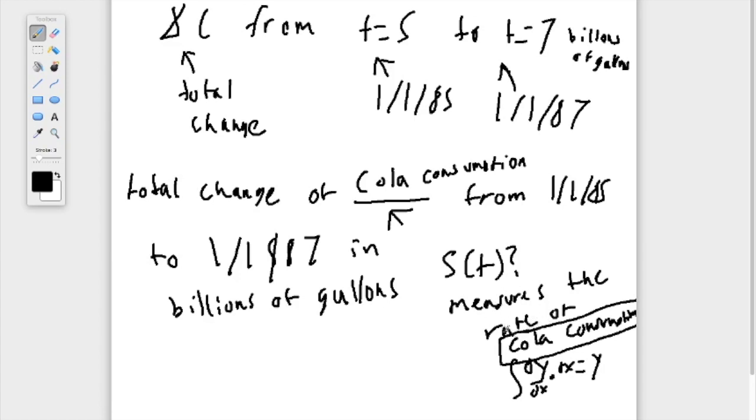Just like how s of t is basically like C prime of t, the rate of cola consumption, the original function just measures the cola consumption. Just like if you find the rate of change of, say, oranges falling, like the rate of change of the number of oranges falling, if you just integrate that, the original function just measures the number of oranges falling. If that makes sense.